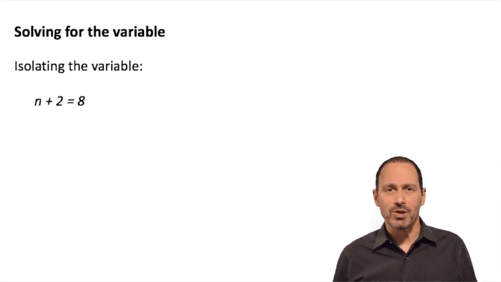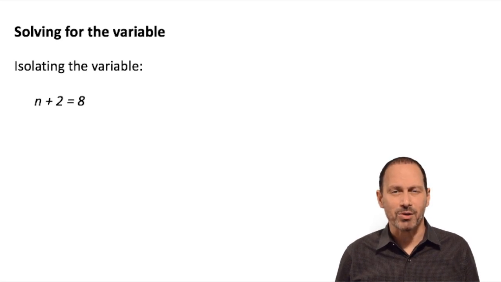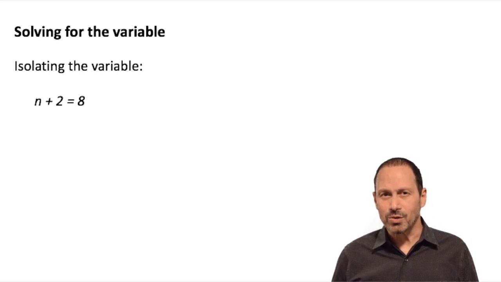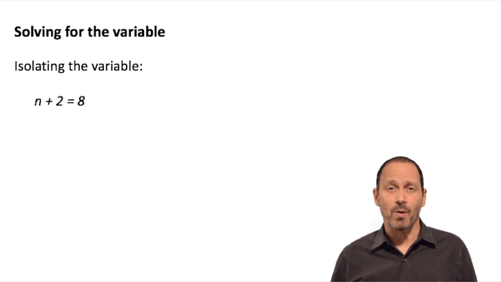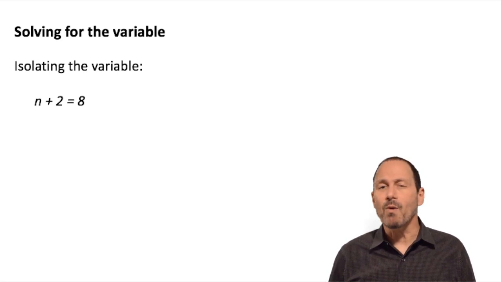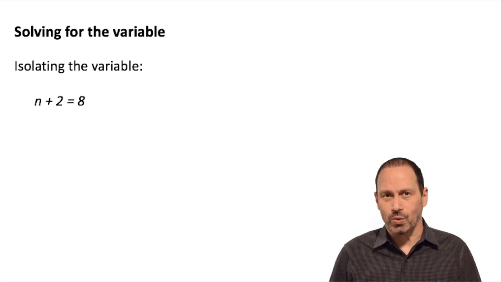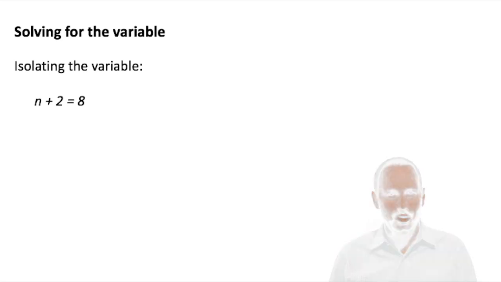Let's say we have the equation n plus 2 equals 8, and that we want to use this procedure to solve this equation. Then what we have to do is undo the addition, the plus 2.